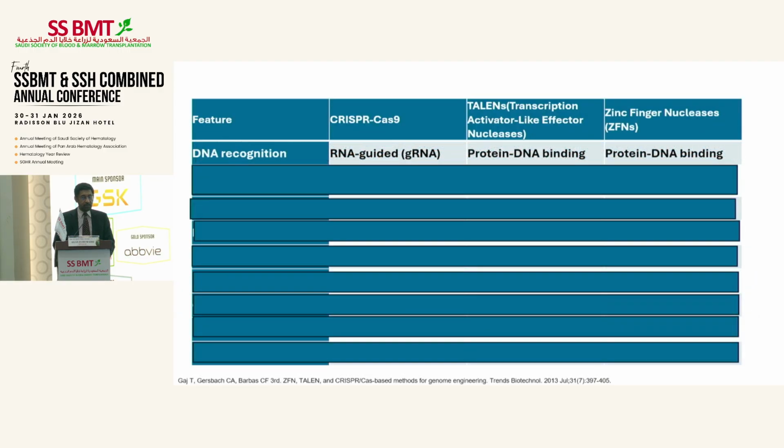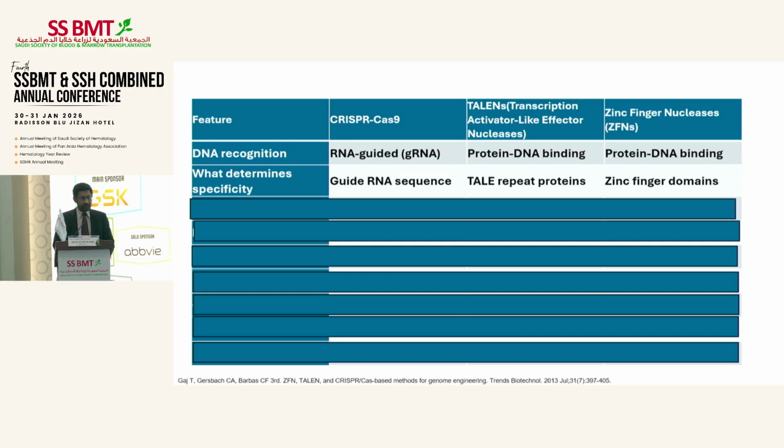There are many other editing technologies, and CRISPR-Cas is one of them. There are TALENs and zinc finger nucleases. The other two, TALENs and zinc finger, are protein-guided DNA technologies, while CRISPR-Cas is an RNA-guided technology. So this is one of the differences.